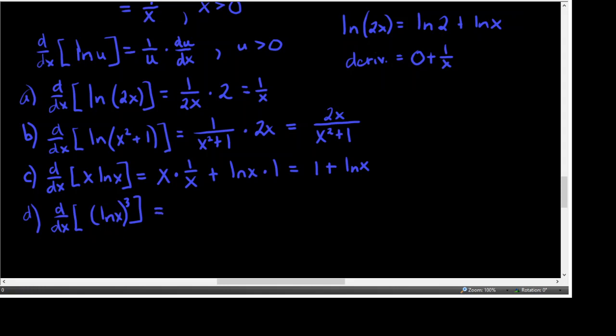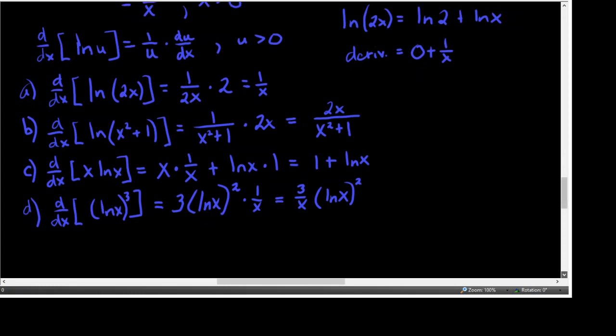We have something cubed, so its derivative will be 3 times that something to the power reduced by 1, so squared, times the derivative of the inside function, 1 over x. And so simplifying this one, I get 3 over x times the ln of x quantity squared.